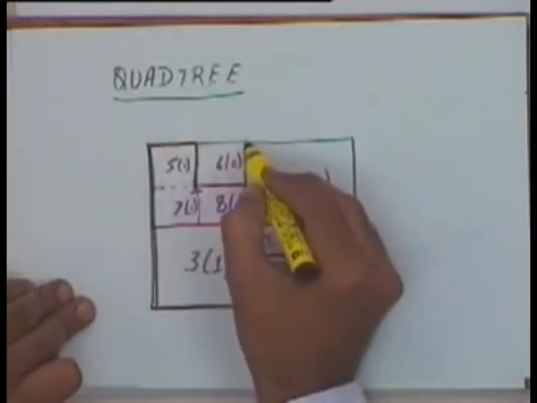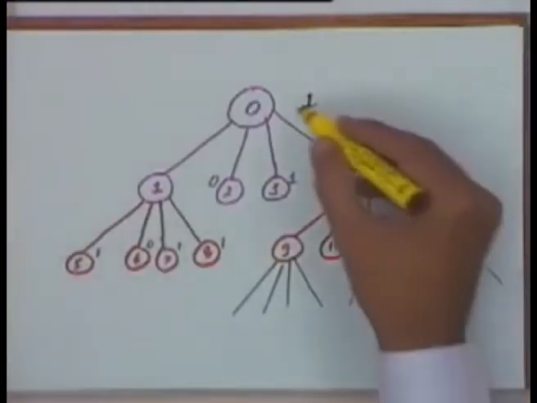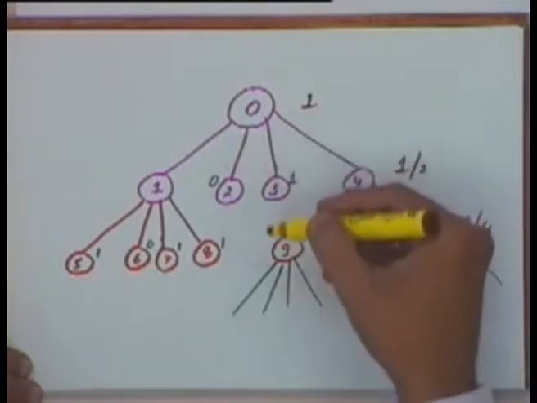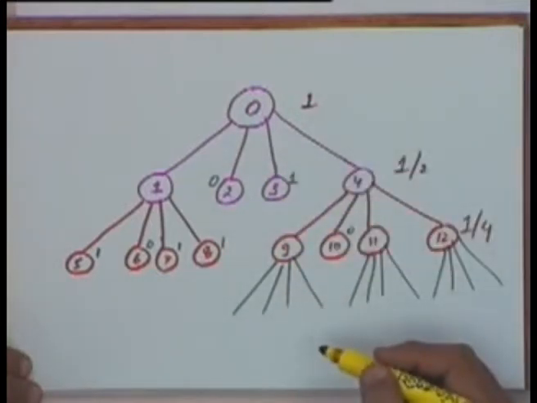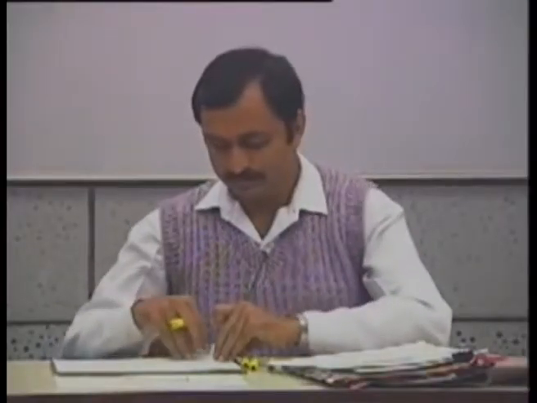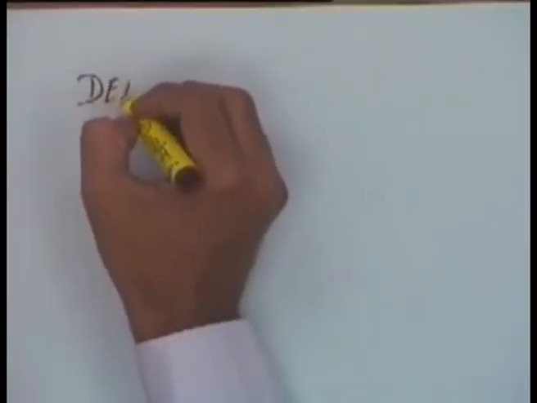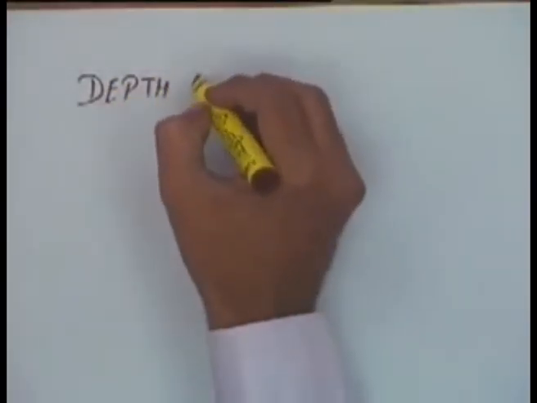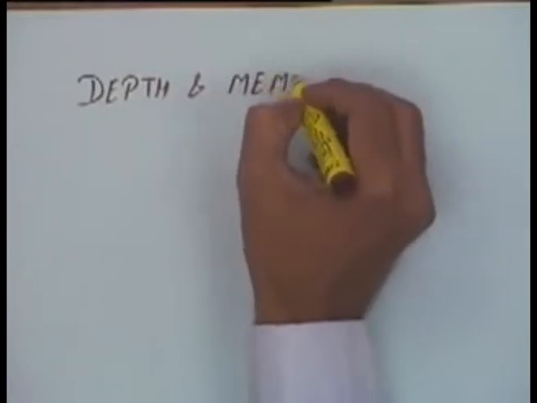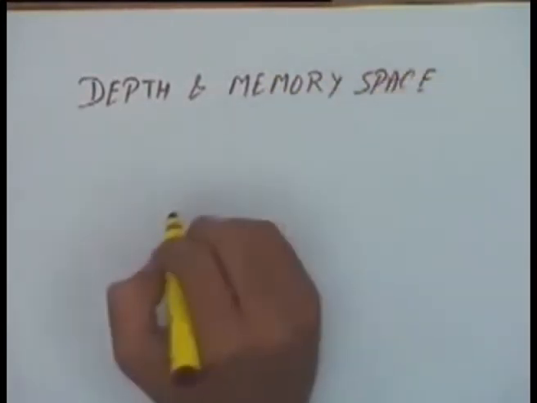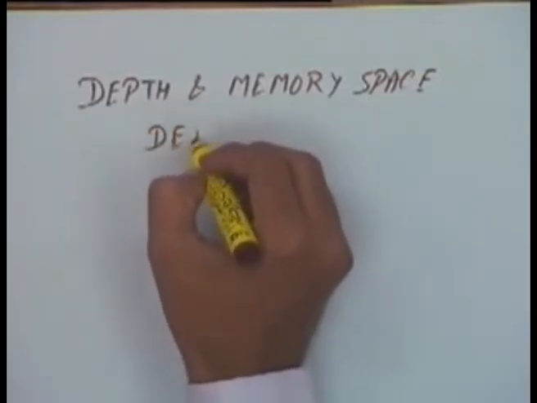So the size of the square here will be 1/4, the next square will be 1/8 and so on. Depending on the accuracy that we want to go up to, the depth of the tree will depend on that. The depth and memory space will both depend on accuracy.